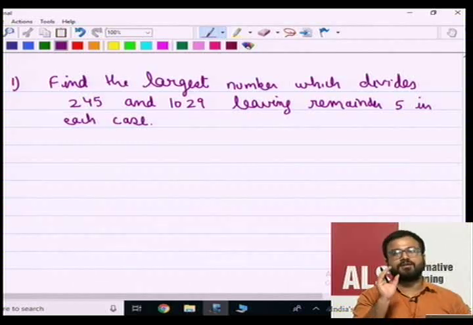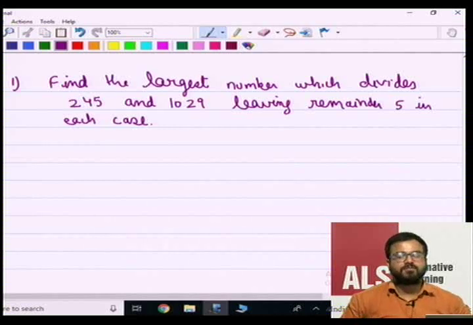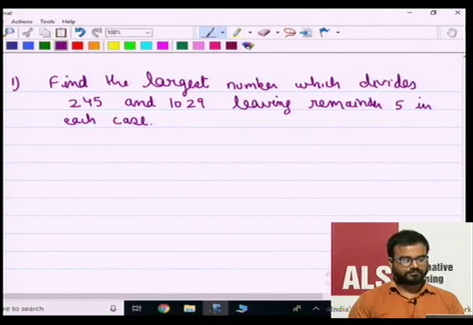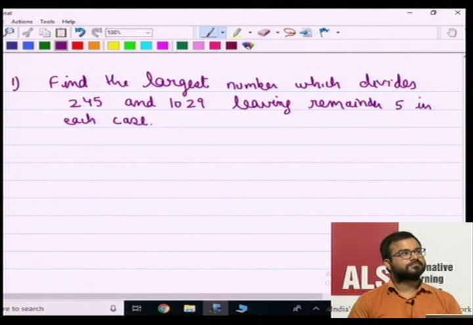When we divide 245 and 1029 by that number, the remainder should be 5 in both of them. So try to do this.